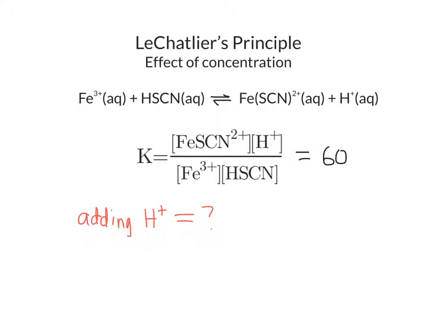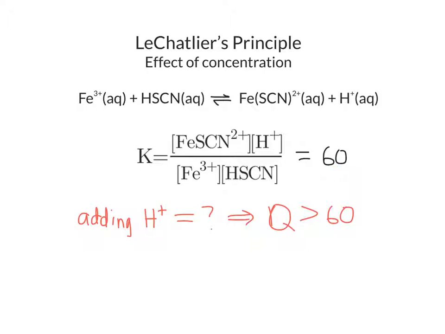And so what will happen is we will end up with a reaction quotient, because we're no longer at equilibrium, that is greater than 60 because we've included some concentration that numerically is in the numerator. So if we're no longer at equilibrium and we want to get back to equilibrium, then we're going to need to do something to make this Q value decrease, get back down to 60.